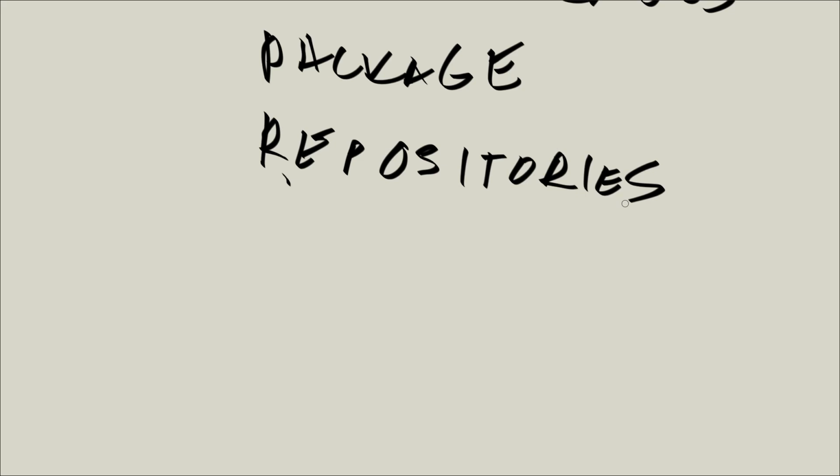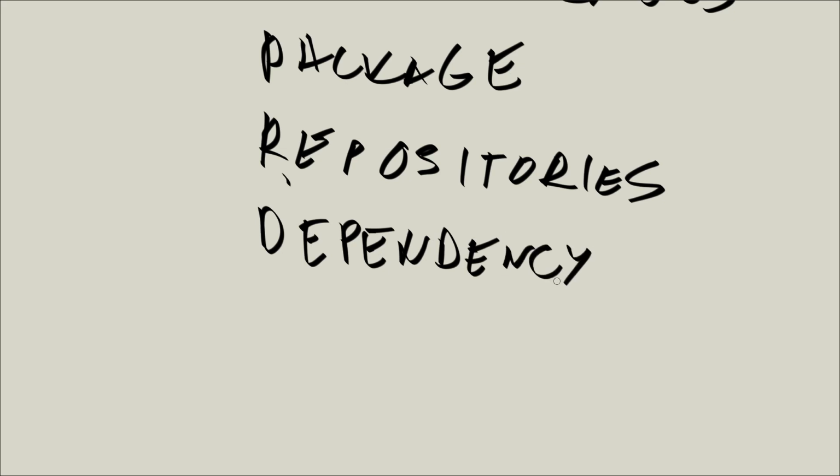If a software depends on something to run, such as an external piece of code to calculate something, then we say that that external piece of code is a dependency, okay? So it is a dependency. Package managers, okay, so let's also write it down.